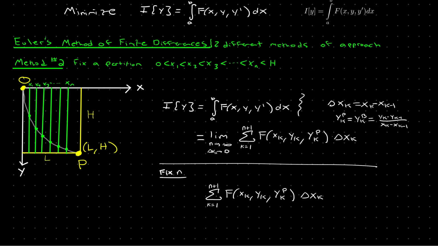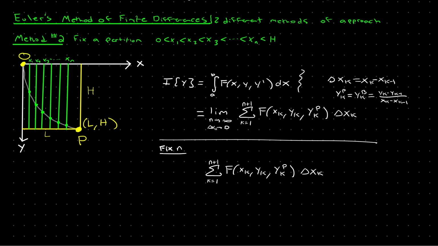Only now, because we've fixed the values of x in this summation, all of the x values that occur in this summation, x1, x2, all the way up to xn, are constant values, are fixed values, and the y's are what are being treated as variable here.